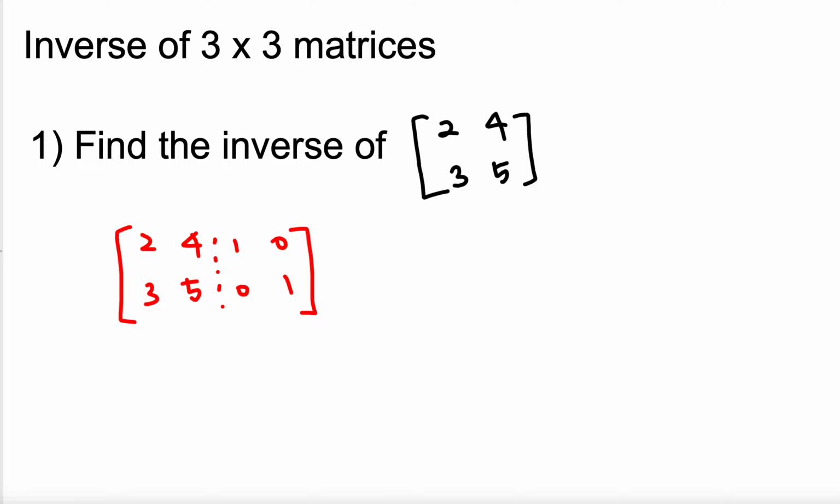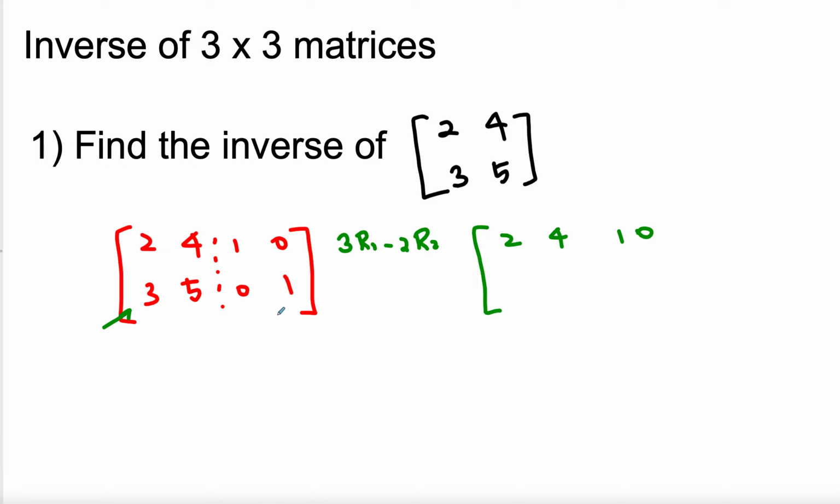Now, that means I want to make this 3 equal to 0. That would be my first step. So how am I going to do that? My first row, I'm going to multiply by 3. My second row, I'm going to multiply by 2, but I'm going to subtract it. Then my first row stays as it is, 2, 4, 1, 0.